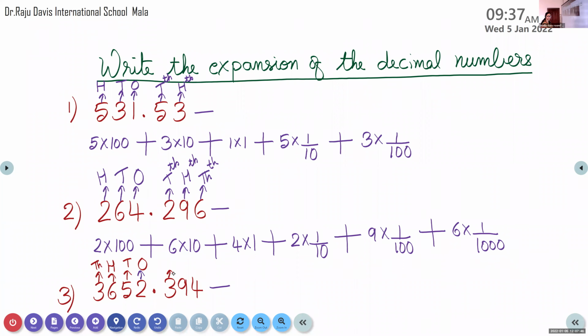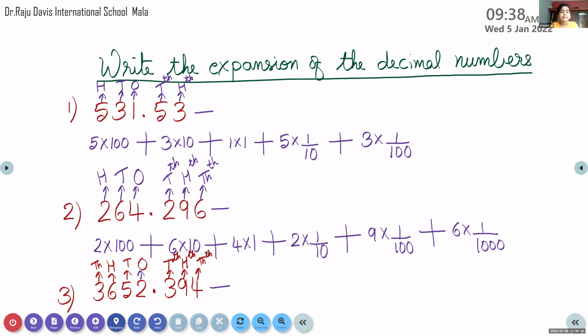Now, after the point, 3 is in the tenth place. 9 is in the hundredth place. Then 4 is in the thousandth place. Okay.